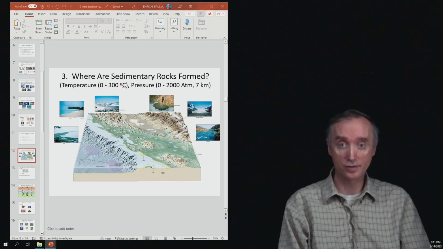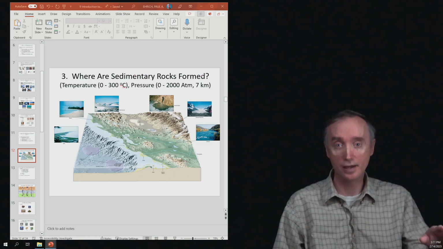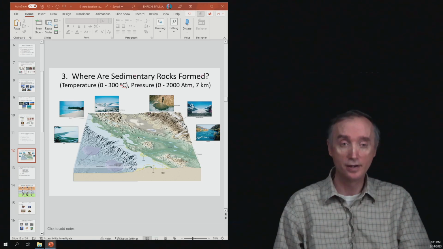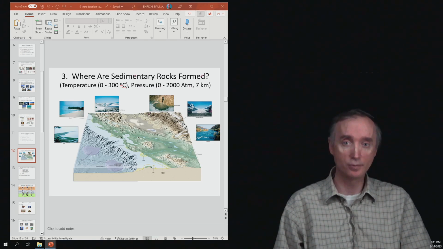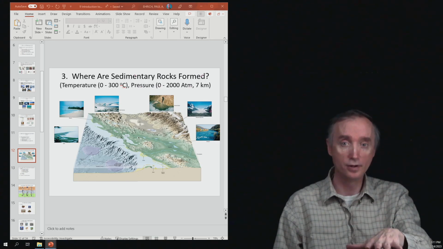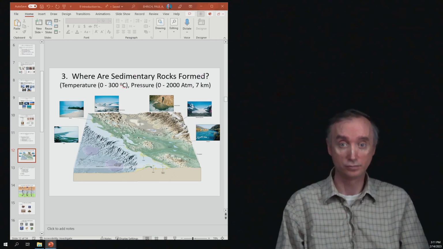Even further out to sea, you're so far out to sea now that the silt and the mud can't be transported out there. But you could still have water that has a lot of calcium carbonate in it. And then that piles up on the bottom of the ocean floor, and then you can end up with limestone.